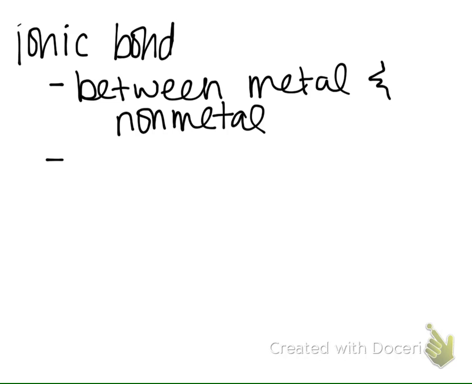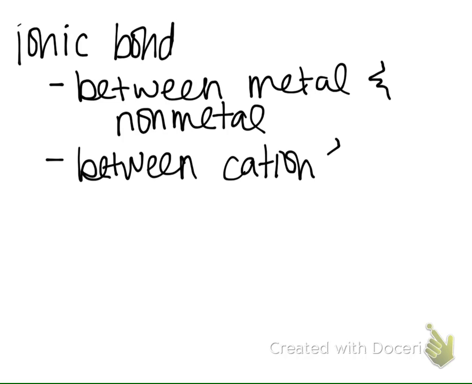Some people also say these are between a cation and an anion. That's because cations are typically metals, anions are typically nonmetals, so it makes sense. This is the same thing.